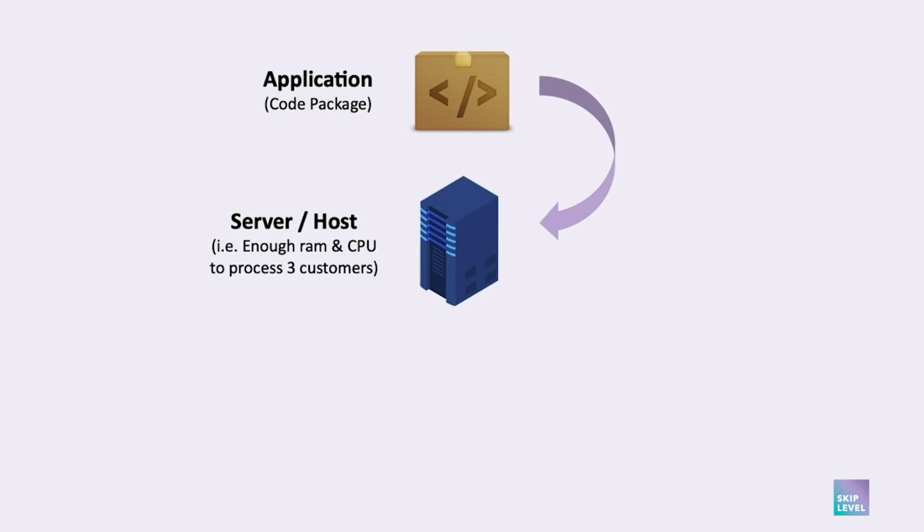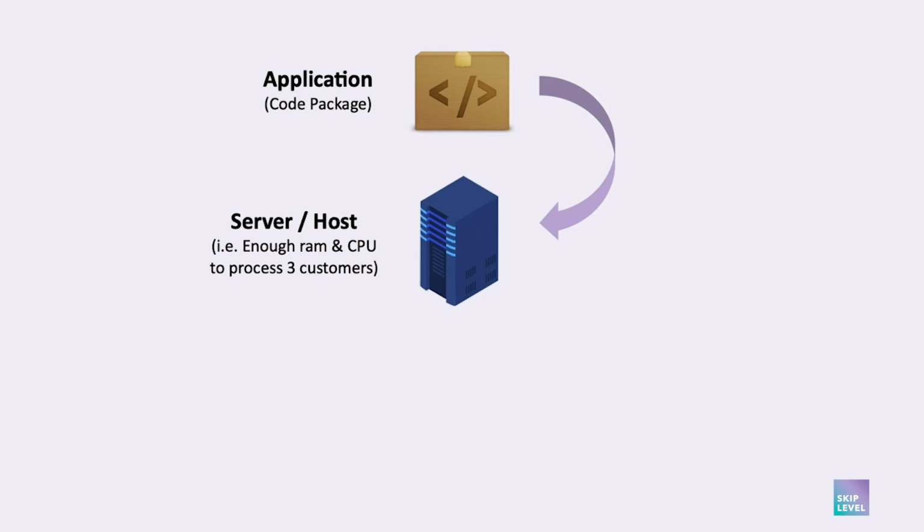First, I'm going to start off with a visual example of, at a very, very high level, how software works. Software engineers write code and then package them into what are known as code packages. Let's call these applications. Applications are then deployed onto a server, or often you'll hear engineers use the term host, which means the server that's hosting our application.